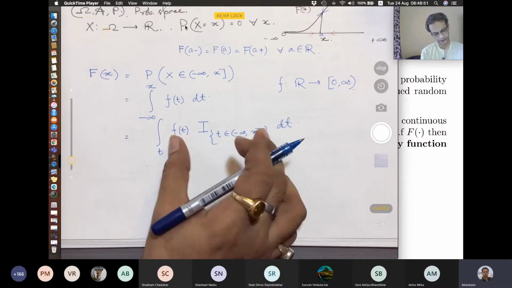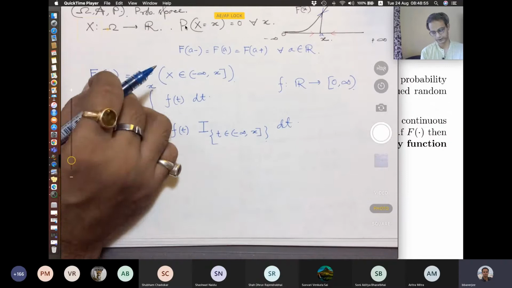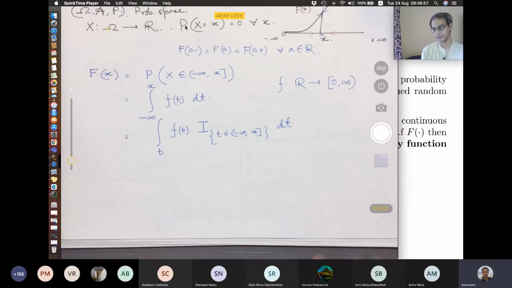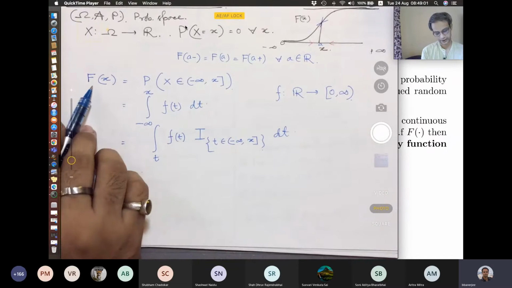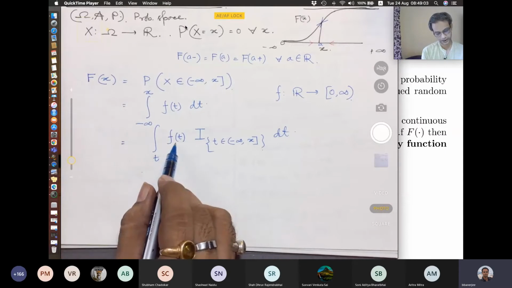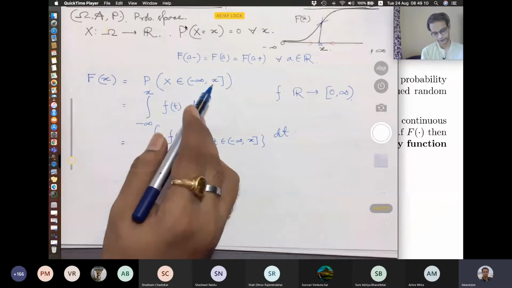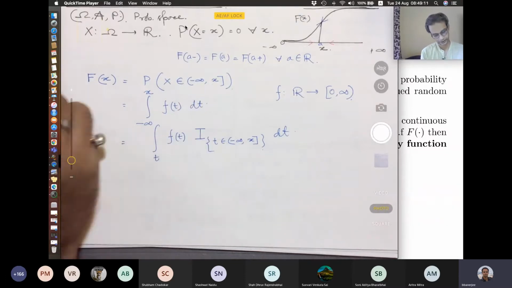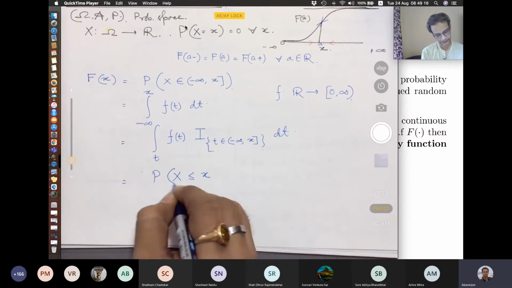Then this entire product will give you the contribution for the area under the curve. So this is the function which is helping us to get the probability X less than or equal to x.